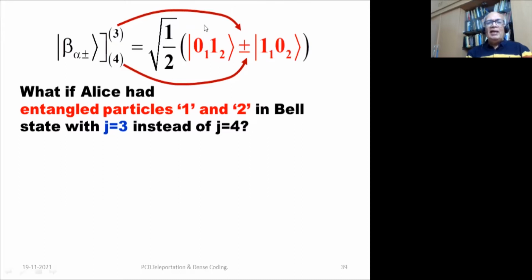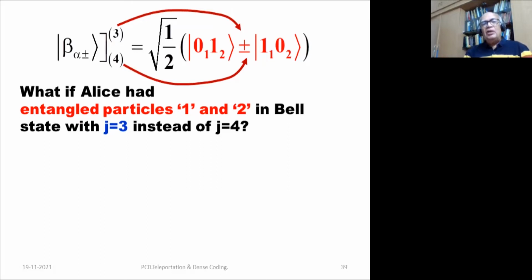So Alice has qubits 1 and 2 in her possession. Bob has gone away to a remote location with qubit number 3, and Bob needs to figure out the original superposition state of qubit number 1, which is with Alice. But Alice now also has qubit number 2, which she can work with, and she can do some experiments to correlate qubit 1 and qubit 2.